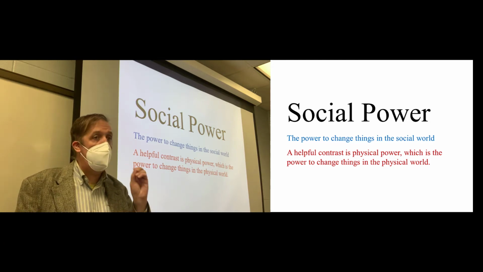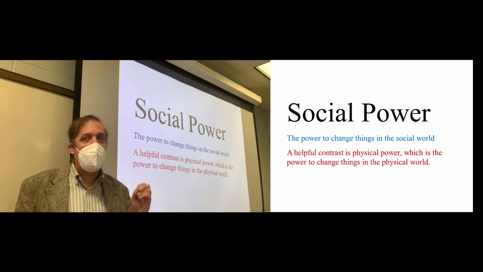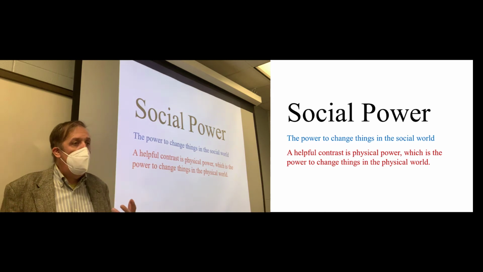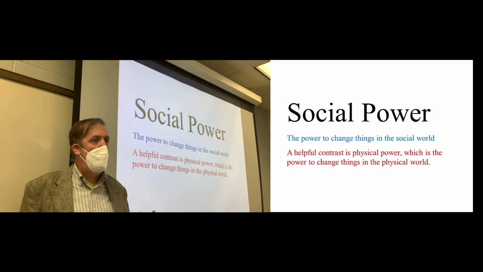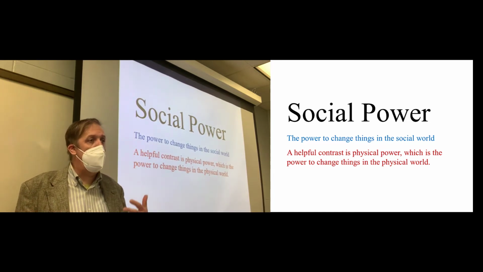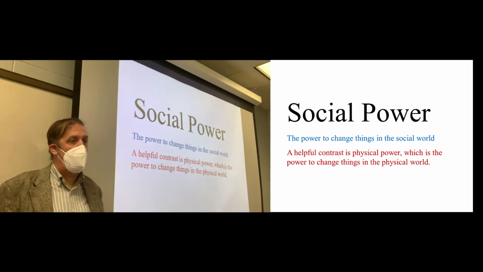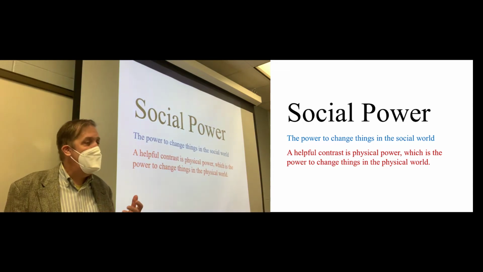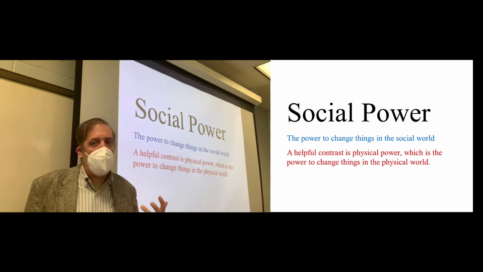People are likely to get a vaccine if their friends are getting the vaccine. People are unlikely to get the vaccine if their friends are not getting the vaccine. The main conduit for social power is just people wanting to belong to their immediate social group, to do what their friends do, to do what their families do. Mere copying, which is neither the power of the sword nor the power of the pen, is a huge dominant social factor.